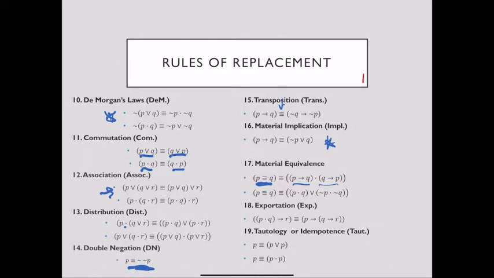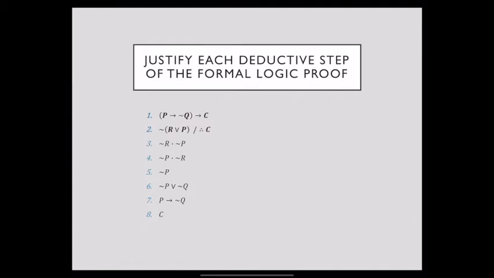If I have P logically equivalent to Q, then P and Q, or not P and not Q. One of them has to be true. And then exportation, if I have P and Q implies R, then P implies Q implies R. And then we've got tautology, which is P is the same as P and P. P is the same as P or P, right? That makes sense.